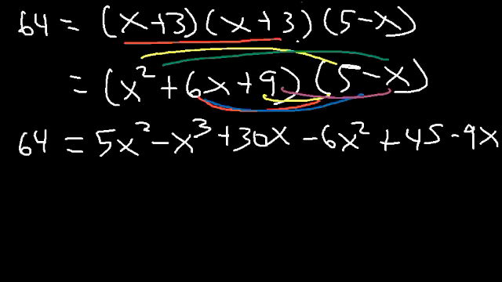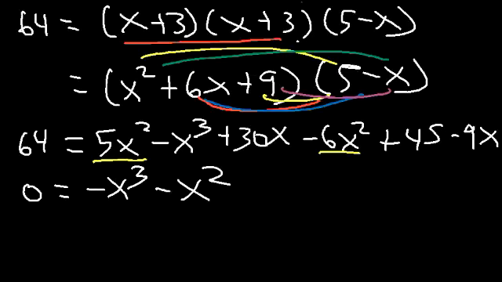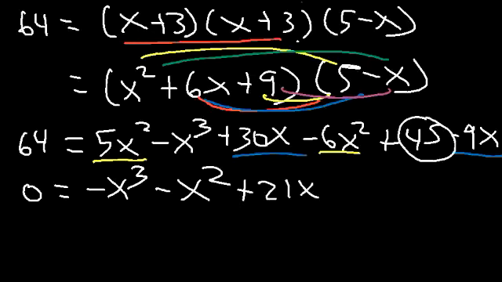Now let's move the 64 to the right side, and let's combine like terms. So we have negative x cubed. 5 minus 6 is negative 1. So we have negative x squared. 30x minus 9x is positive 21x. And 45 minus 64, I believe that's 19.